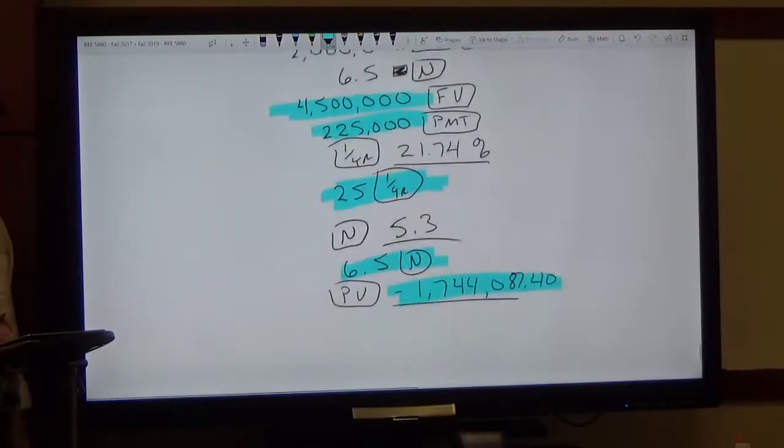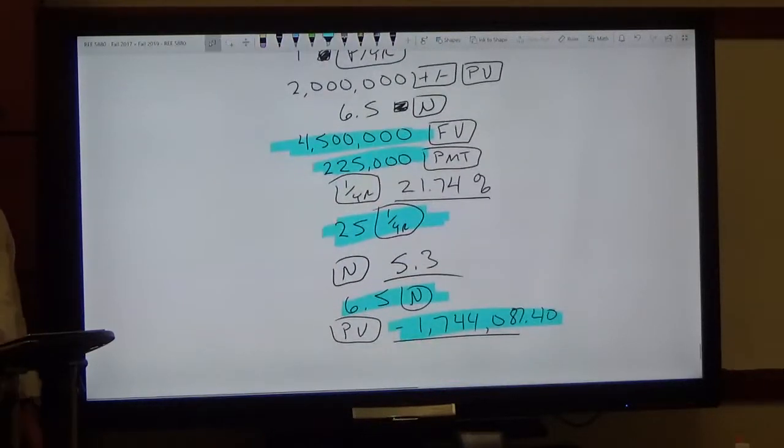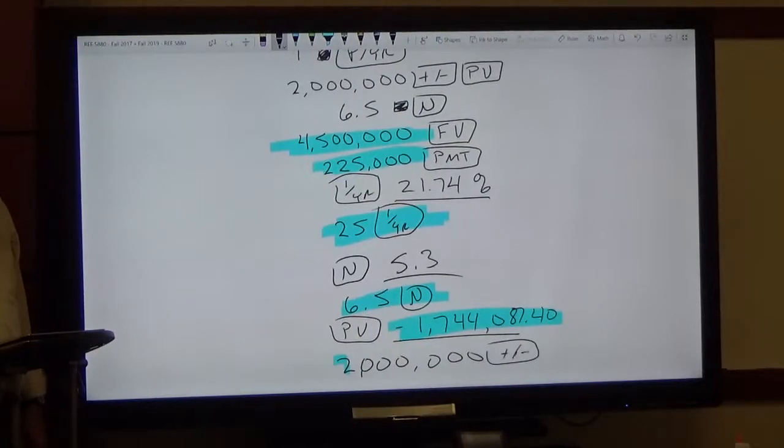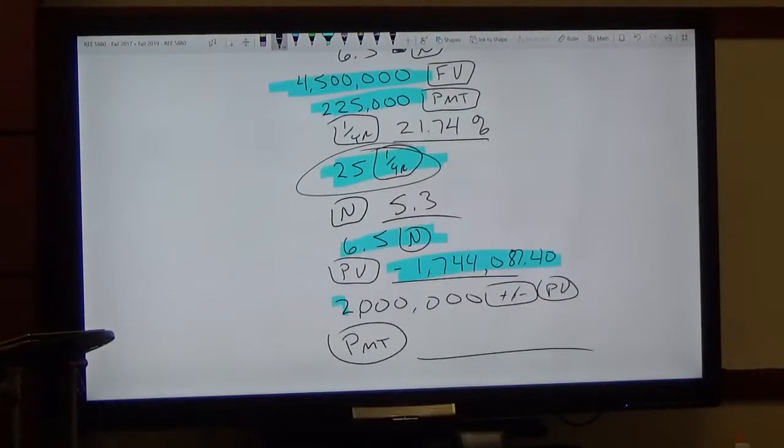Now, if I go back in and put in the 2 million again as our negative present value, and now maybe we say, for that same 25% rate of return that we want to get, what would our payment have to adjust to? $308,000.